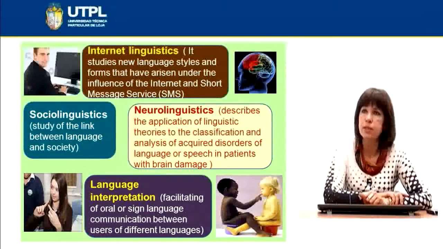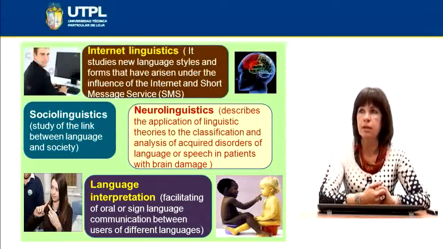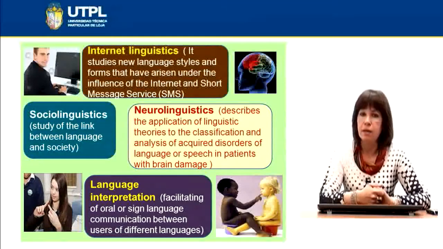Also, applied linguistics can be used in internet linguistics, especially in SMS, the famous short message service, and establish some rules that can be used when writing these short messages.